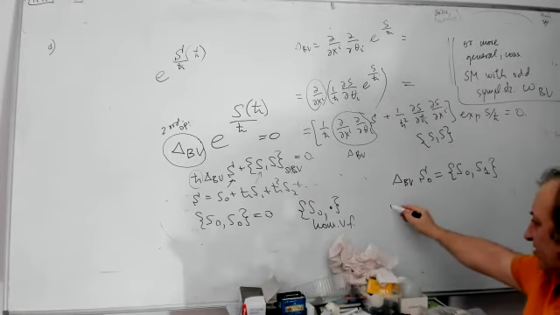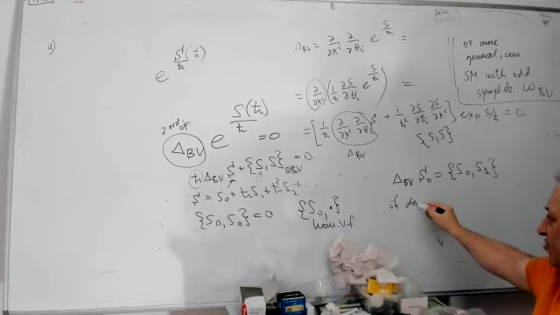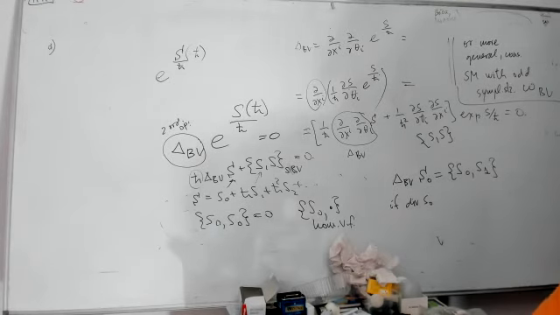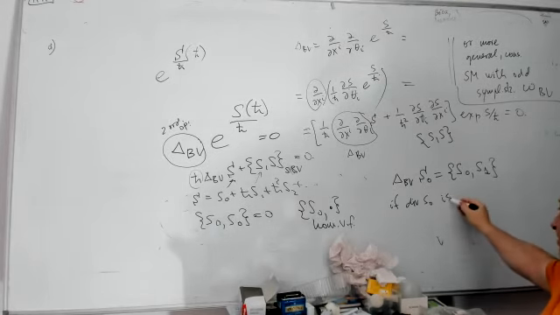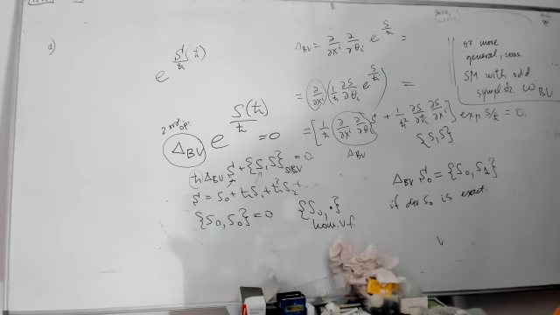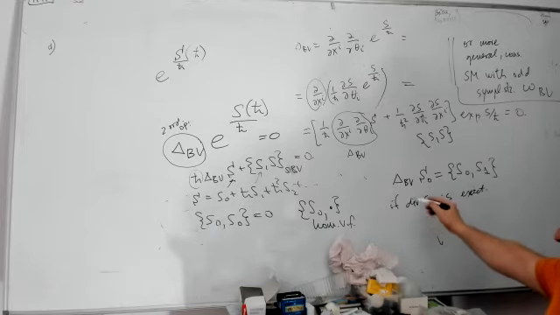So the question is, if the divergence of S naught, considered as a polyvector, is exact. So this may be true, or it could be not true.